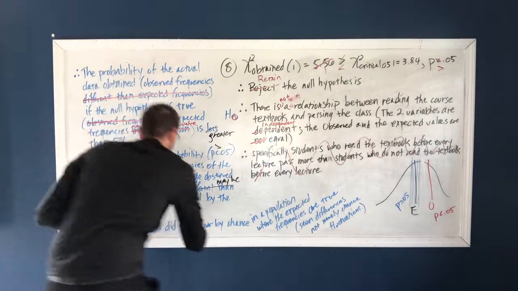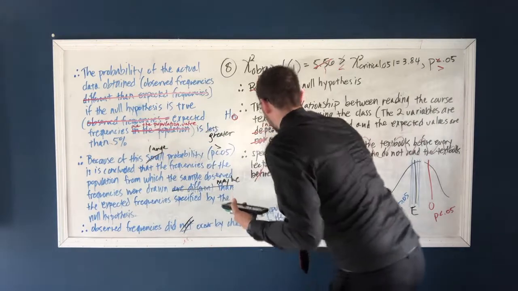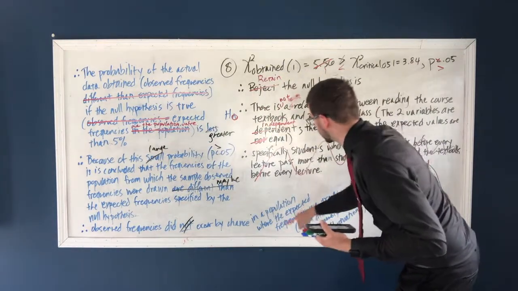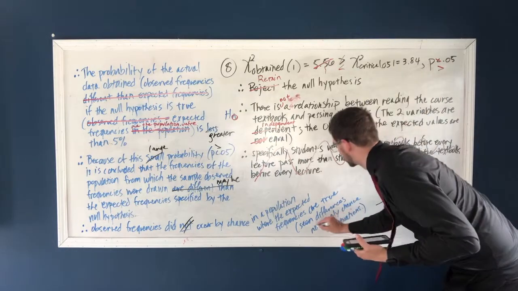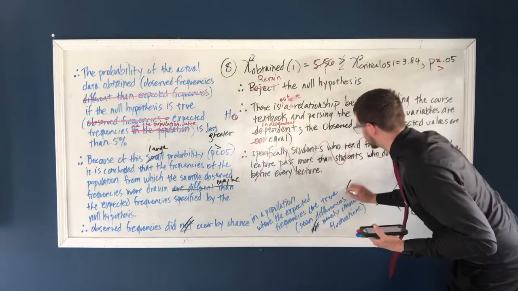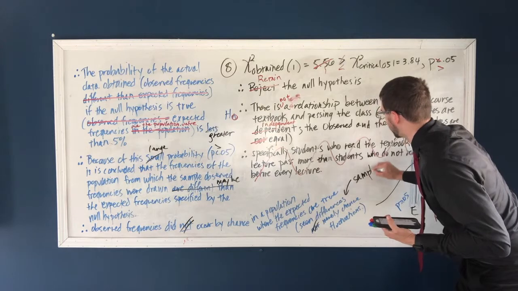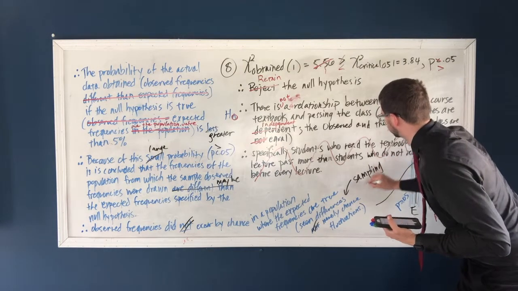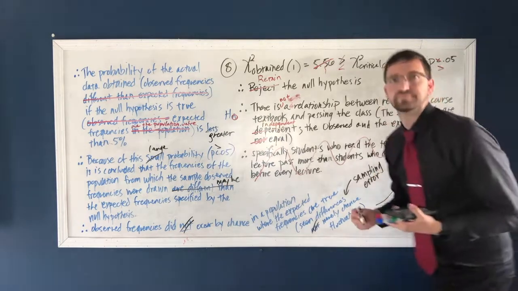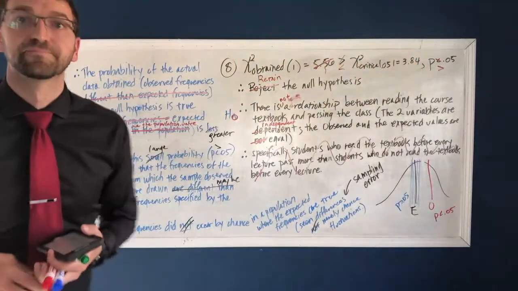Observed frequencies did occur by chance in a population where the expected frequencies are true. Seeing differences, merely chance fluctuations, which we have also called sampling error. So there you have it.